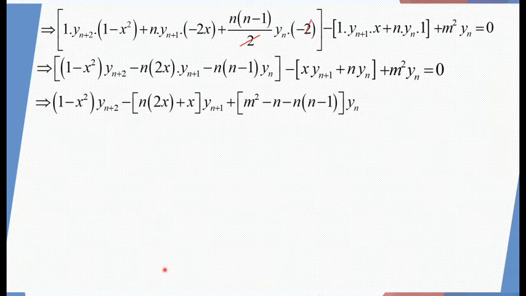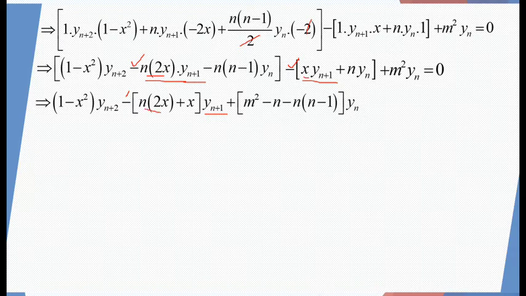Now see, y(n+1) is there and there. Both are negative, so we can take this negative outside, and this y(n+1) can also be outside. So from here n into 2x remains, and from here x remains.